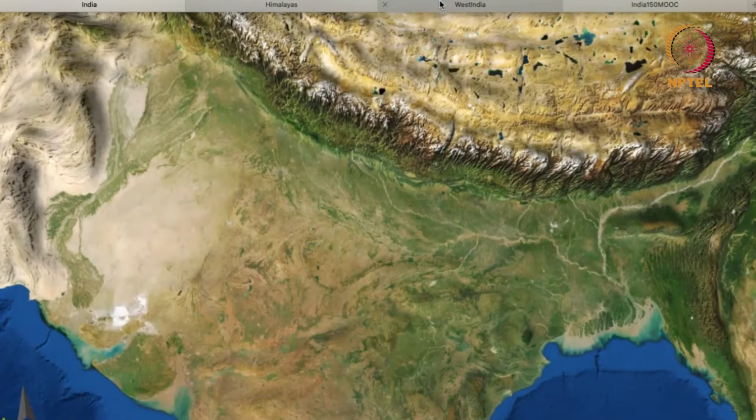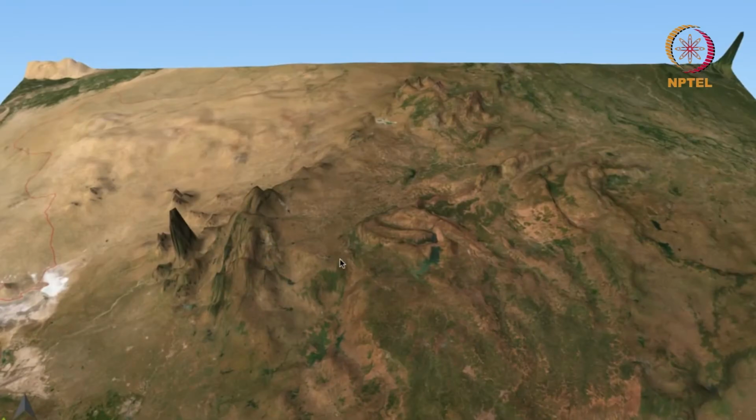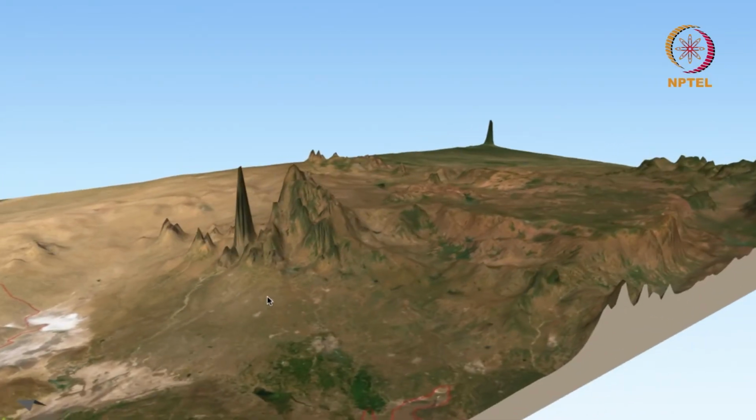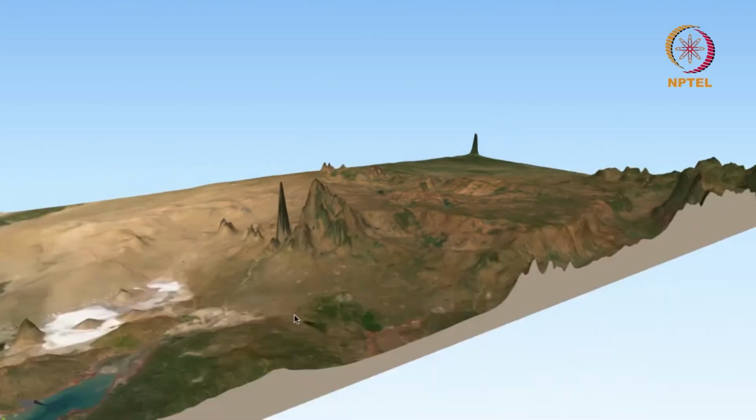So if we look at the Aravallis, now in this particular model, the Z magnification is 100 times so that we can see the Aravallis. So these are the Aravallis. This is the highest peak, which is Guru Shikhar.